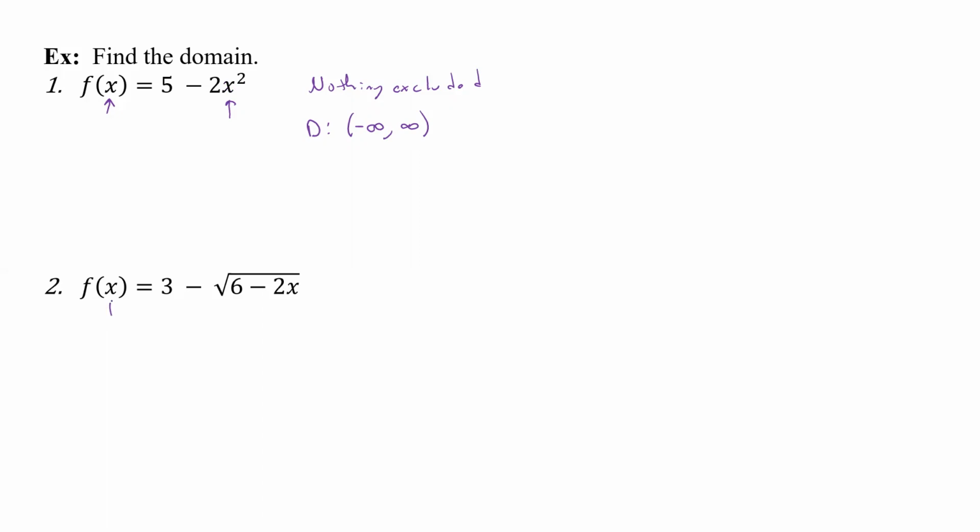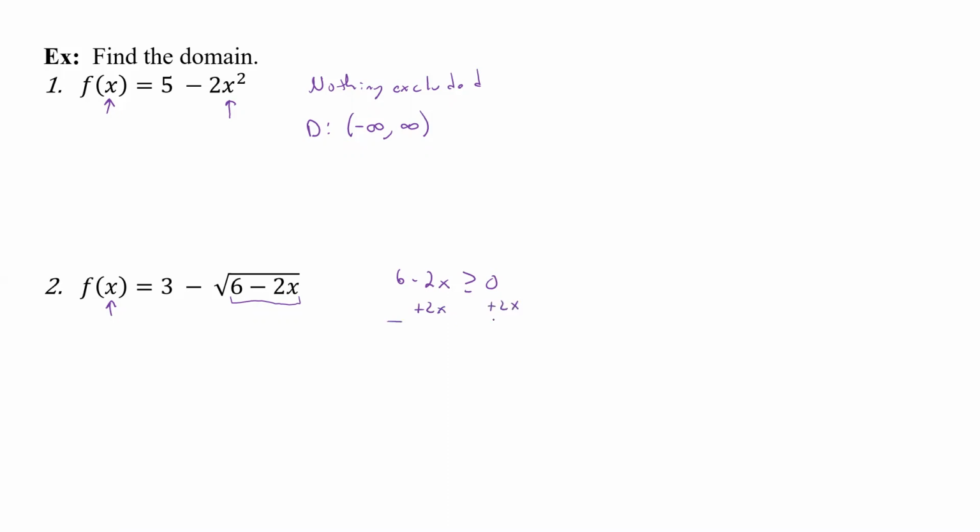Well, again, here our x is going to be the input value, and x is under the square root. So that means what we have to do is set what's under the square root, our radicand, 6 minus 2x, greater than or equal to 0, and then solve for x. So what I'm going to do is take that 2x to the other side.